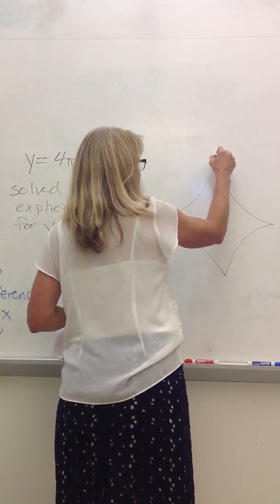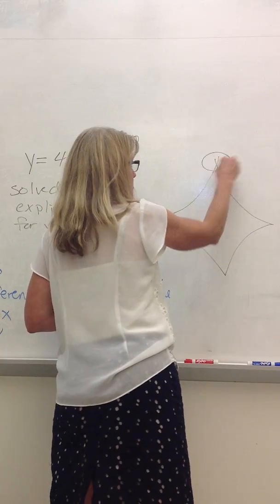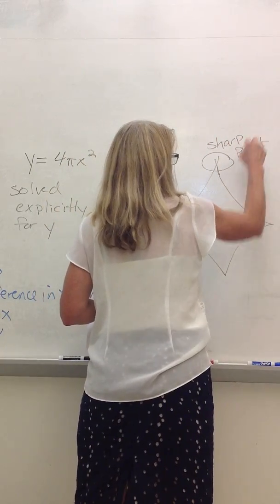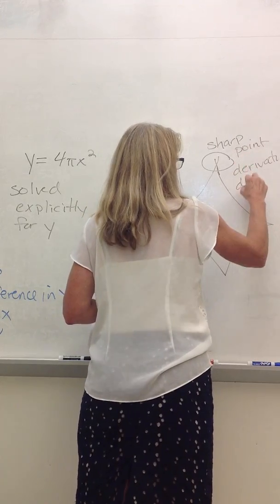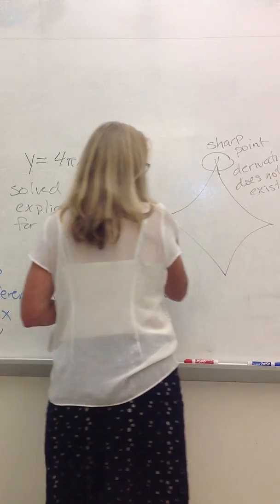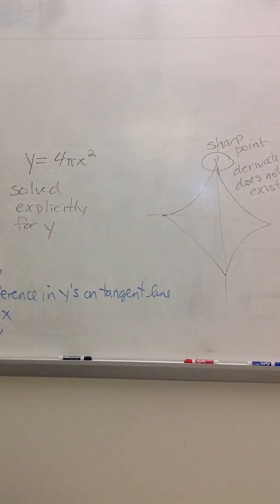So the slope coming from this direction differs from the slope coming from that direction. So there's a sharp point, and so the derivative does not exist. For this particular function, it happened to occur at the intercepts.